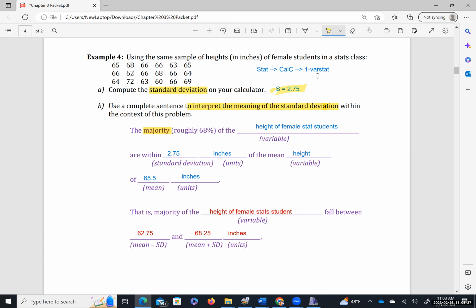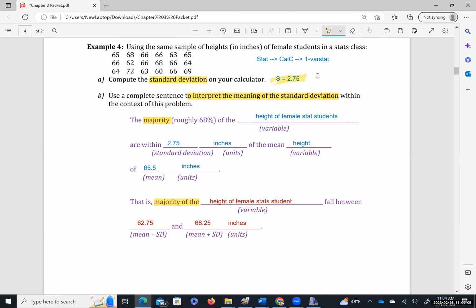Or in another option, you will say the majority of the heights of female students fall between 62.75 and 68.25 inches. Okay, so that's it for this example 4.